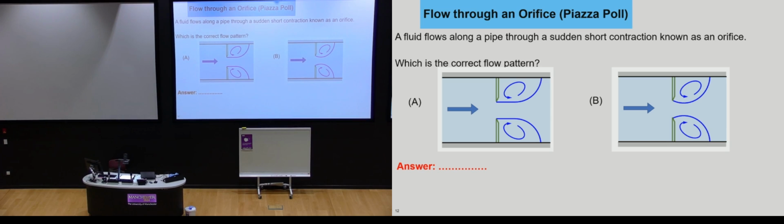In both cases, you can see we've got flow separation, okay, off the corner here. But which one is correct? Is flow pattern A correct, where everything comes through like this, or is flow pattern B correct, where you get a little change in the geometry? Here you can see we've got recirculation regions. So that's your Piazza poll for today, and it should already be open for you.